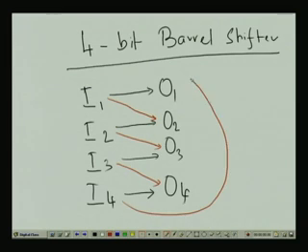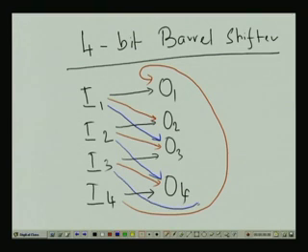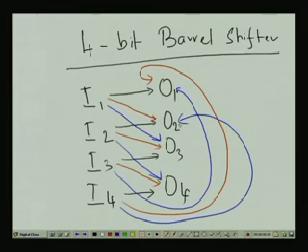The third type: I1 goes to O3, I2 goes to O4, I3 goes to O1, I4 goes to O2.